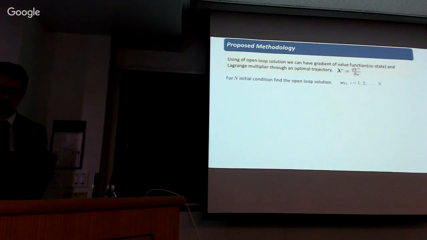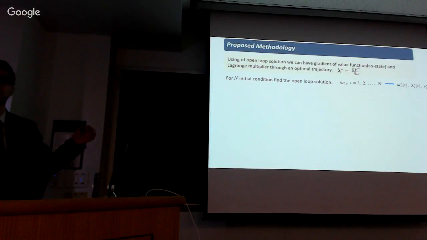So if I solve the open loop solution for n initial conditions, using the cut method to produce these n initial conditions, then I will have the optimal trajectories at all of these n points for co-states, for states, and the Lagrange multiplier. From the open loop solution, I will find that the Lagrange multiplier is constant along the optimal trajectory, and it is a function of the initial value of the state.